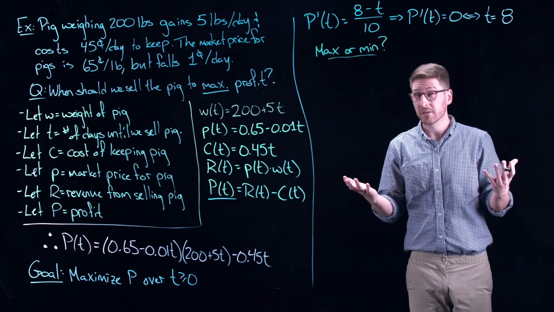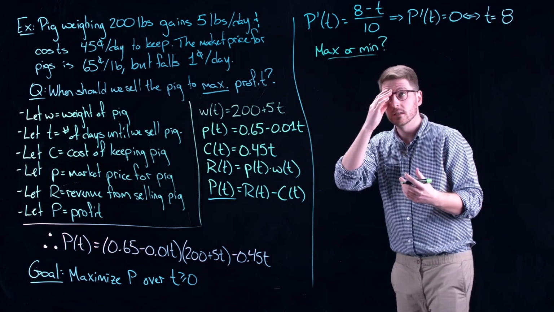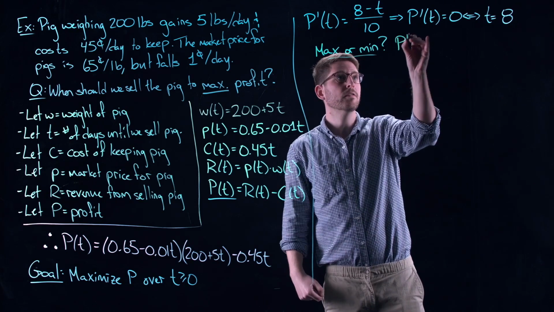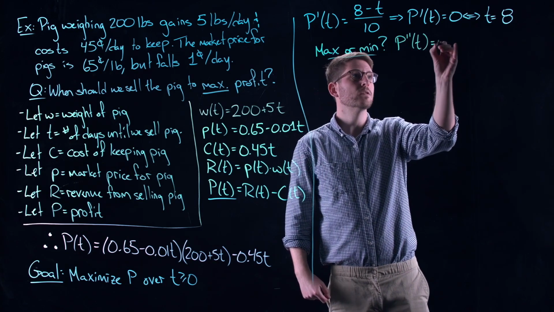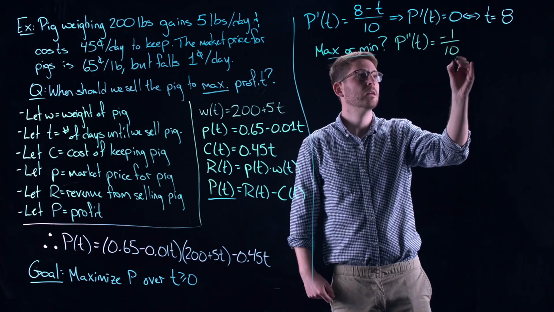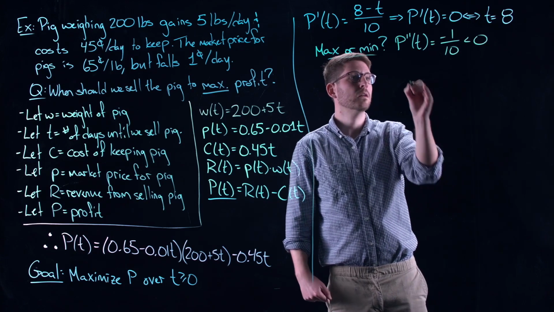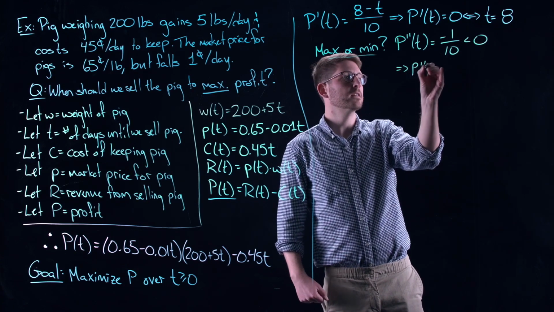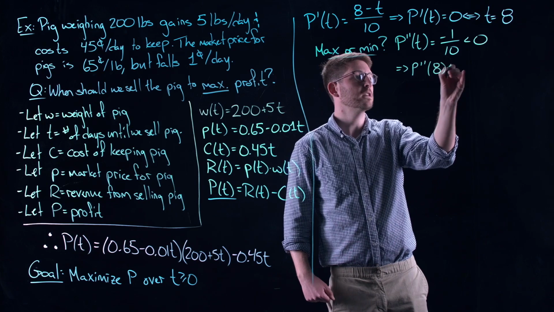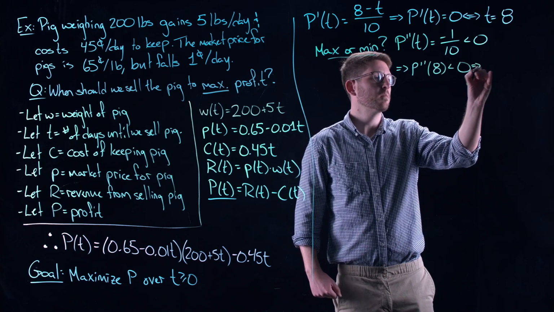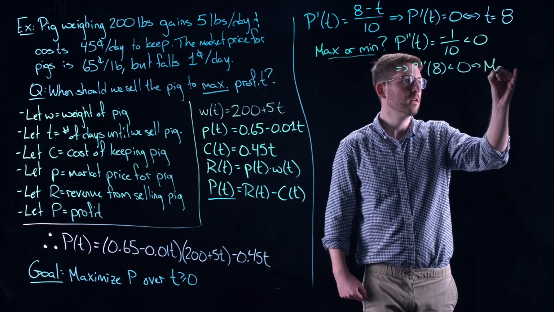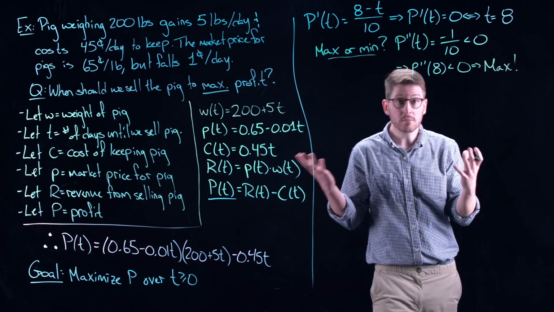The second derivative test is really, really easy here, because the second derivative is just equal to minus 1 over 10, which is less than 0, which implies that the second derivative at the critical point is less than 0, which implies that we have a max. So we have a maximum of our function.